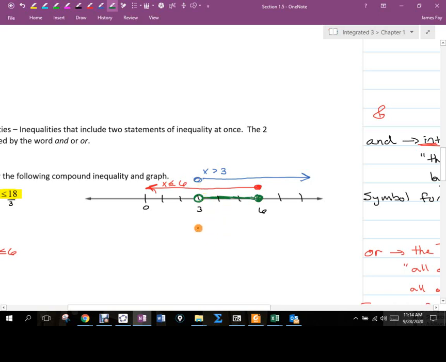We go from 3, and then we say less than, and we use the variable, and we go less than or equal to, and then we say 6. So these 2 points here, 3 and 6, are endpoints of our solution.